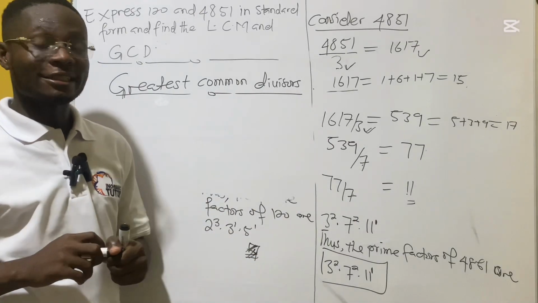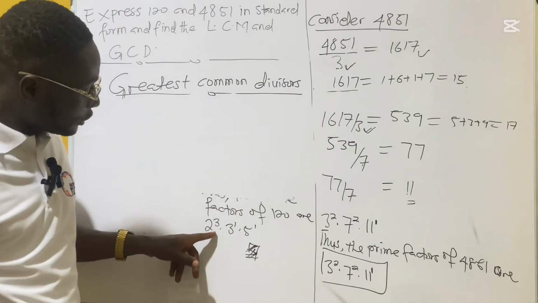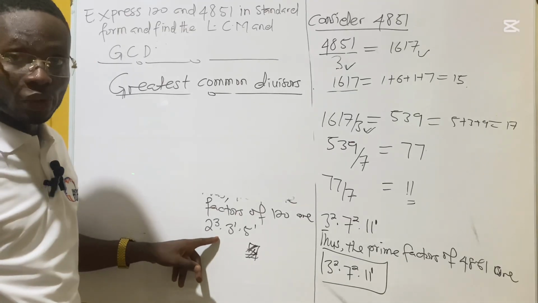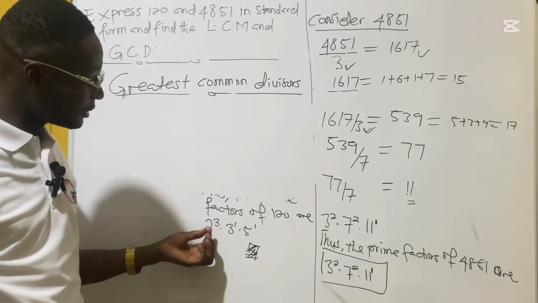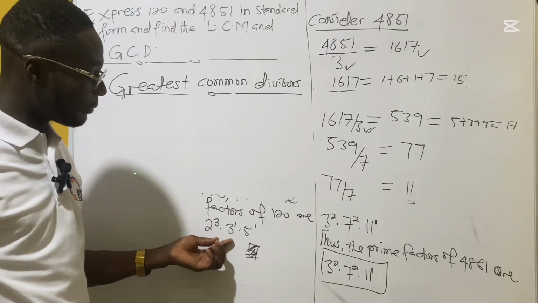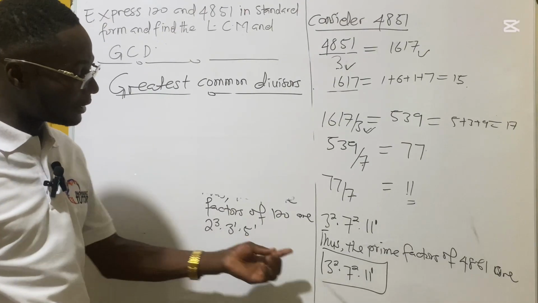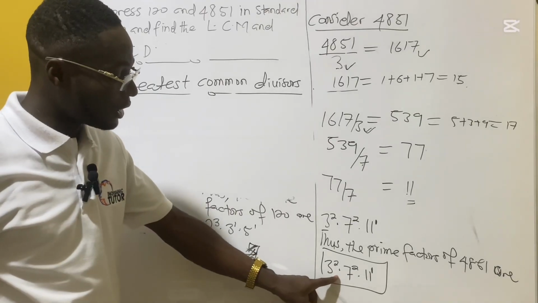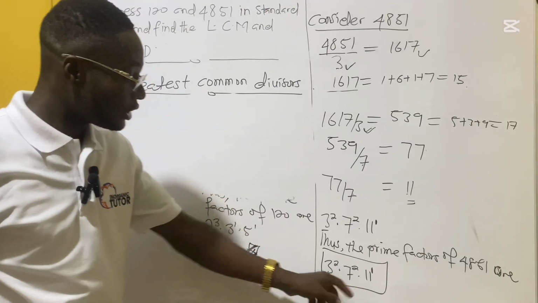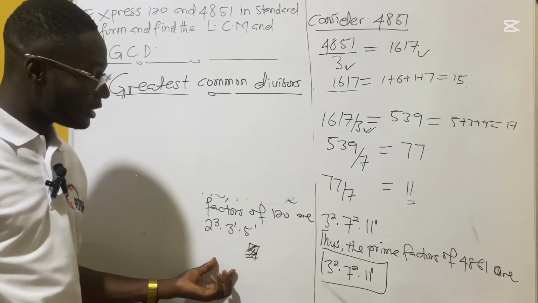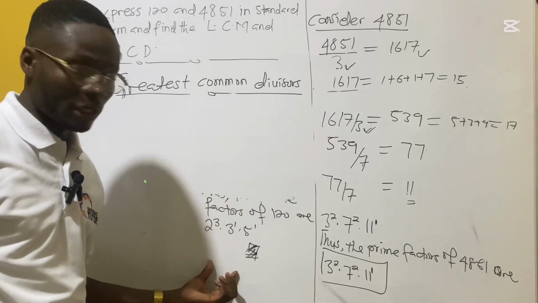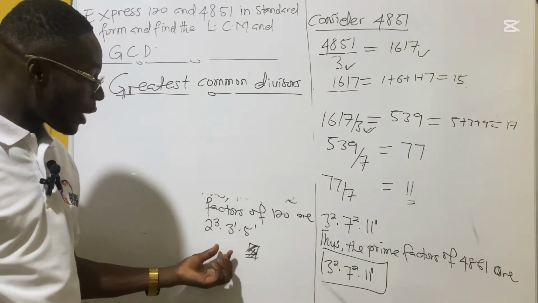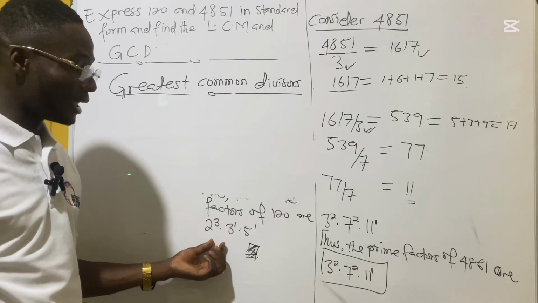what we consider is that, you see, we have 2 power 3 here for 120. The prime factors for 120 are 2 power 3, 3 power 1, 5 power 1. And the prime factors for 4851 are 3 squared, 7 squared, 11 power 1. So we check through these two numbers, and take the one with the least exponent.